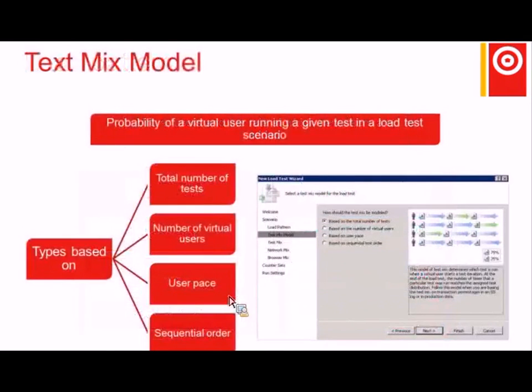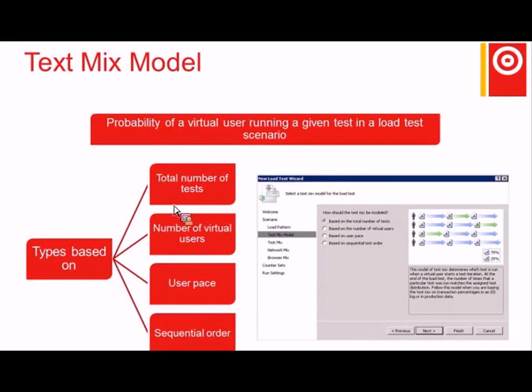The test mix model, again, like I said, you've got a number of options. We can specify it based on the total number of tests. Essentially, this takes the subsequent mixes that we're specifying and applies them according to a different paradigm, so we can specify what paradigm we want to apply these in.